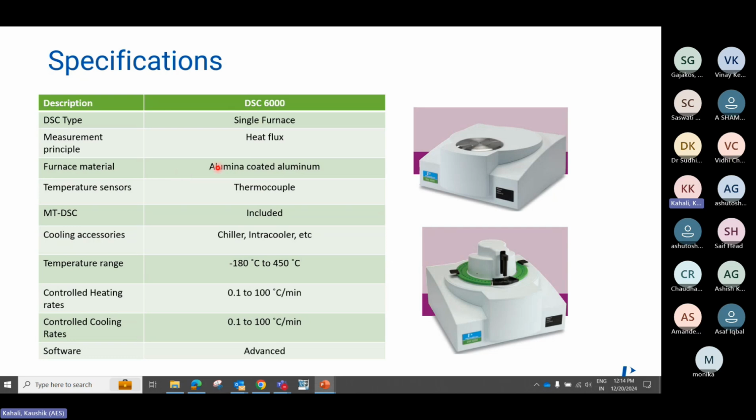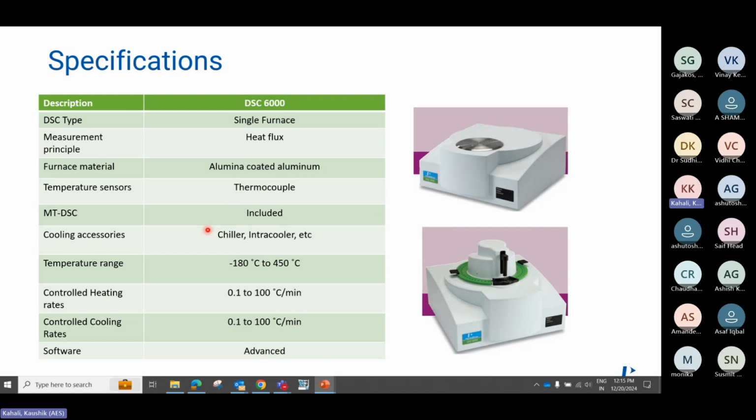The furnace material is alumina coated aluminium, which is very durable and long lasting, and there is hardly any chance of oxidation, which you normally see in other DSC furnaces made of components like silver and other metals. For the temperature sensor we are using a thermocouple to measure the temperature difference between the sample and reference, through which the delta H is basically measured.